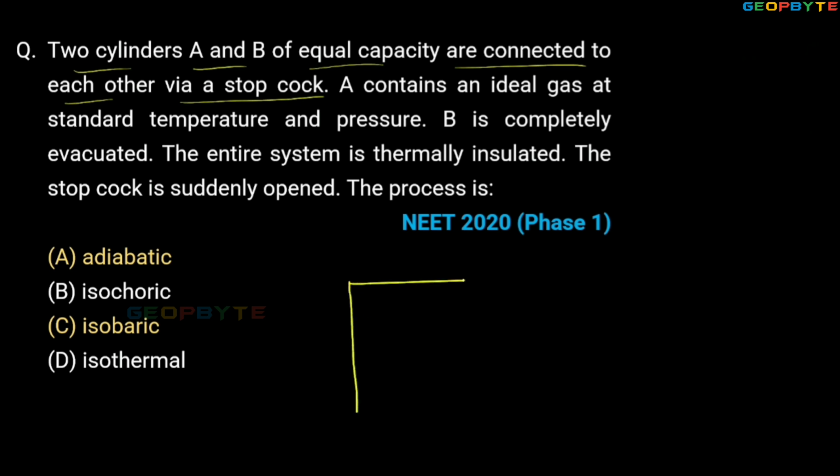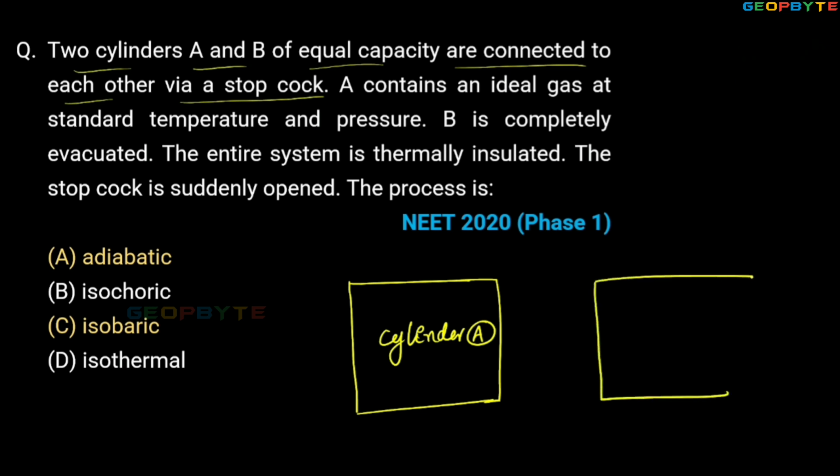Let this be cylinder A, and this is cylinder B. Equal capacities means the size of cylinder A equals the size of cylinder B. Now these two are connected by a stopcock like this. Listen carefully.